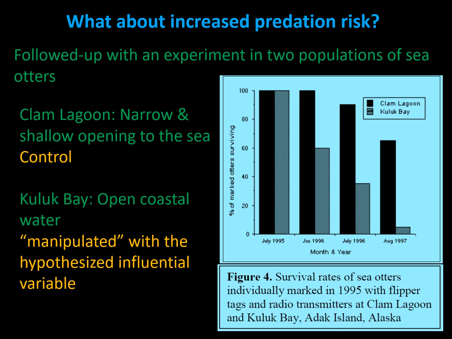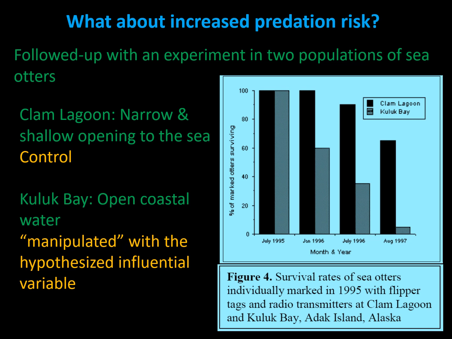But take a look again at the dark solid bars in the figure representing Clam Lagoon. Here you see a significant decline in 1996 and 1997, although it is 100% stable from 1995 to 1996. There's a slight decline, okay, across the years, not as tremendous as in the case of Kulak Bay.